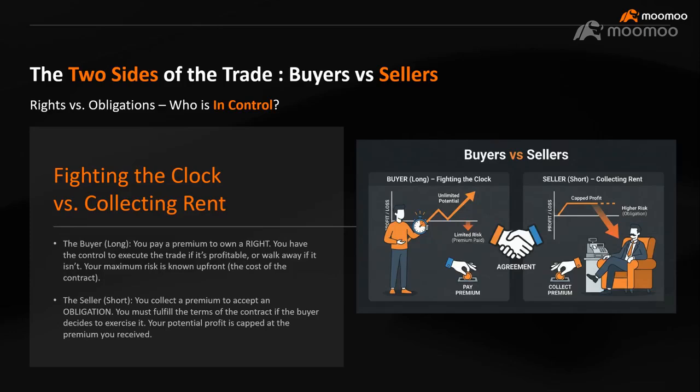In this title, I made it look very fancy: Fighting a Clock versus the Rent. Basically, it's just interpreting the buyer and the seller. We are going to touch more on who's in control, what the buyer's role is, and what the seller's role is.